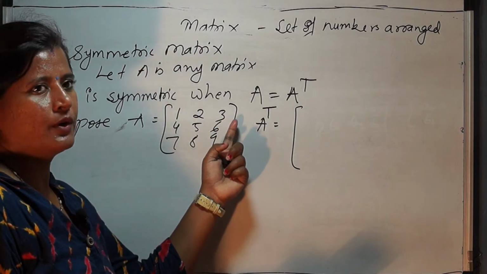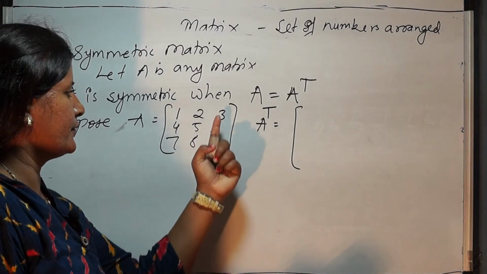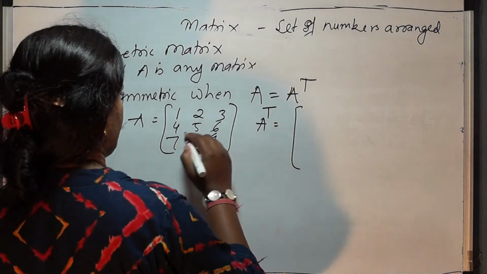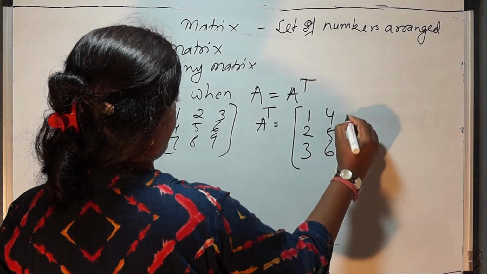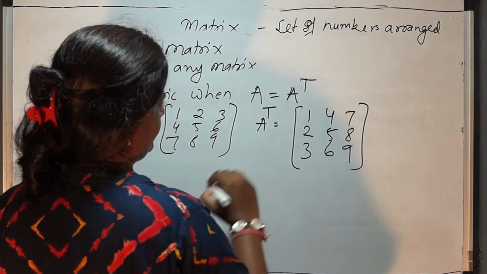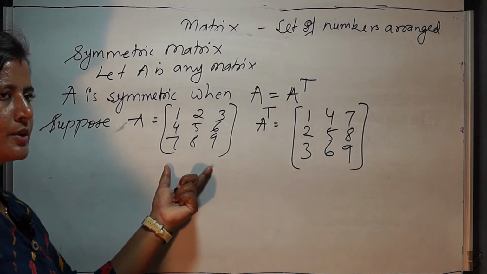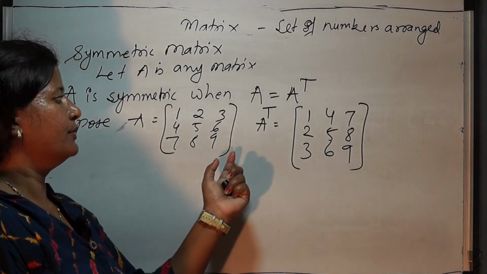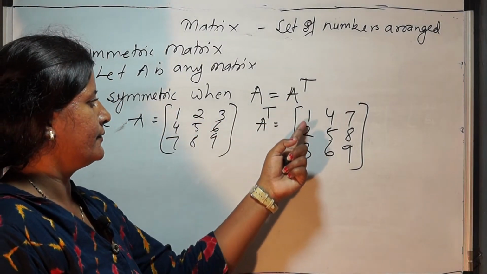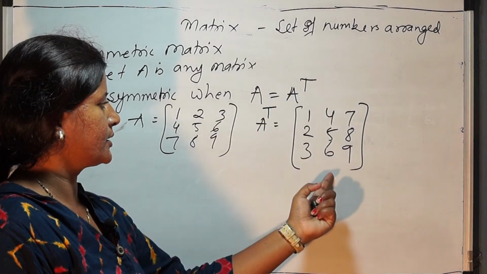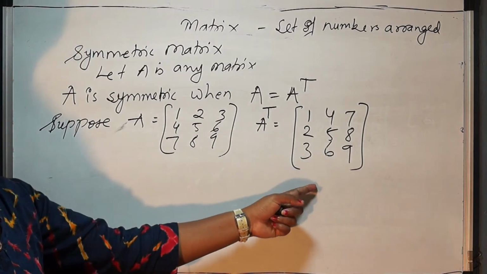First row will become first column, second row will become second column, and third row will become third column. So 1 2 3 4 5 6 7 8 9. So this is the transpose of A.